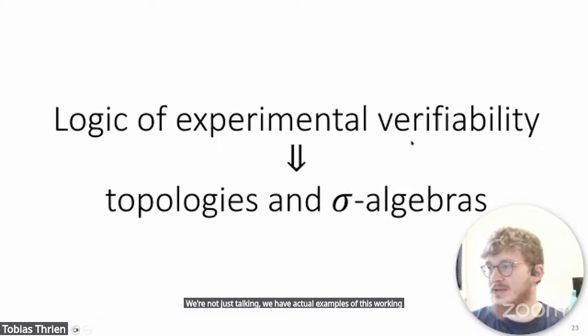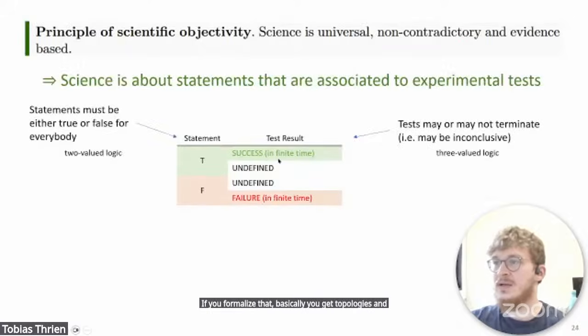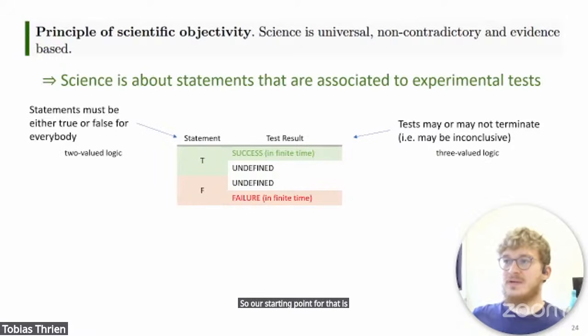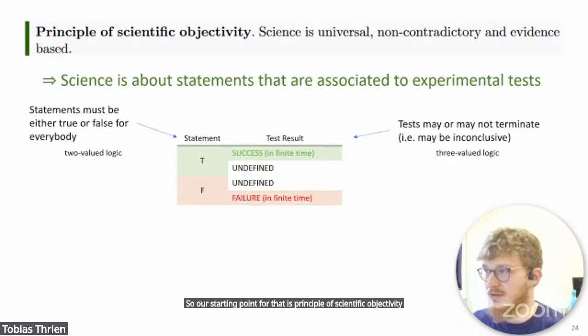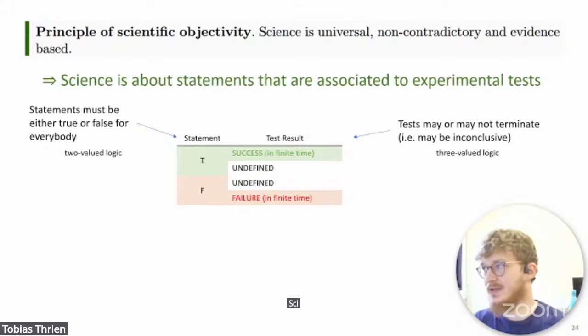So what I'm going to talk about is how the logic of experimental verifiability, if you formalize that, gives you topologies and sigma algebras. Our starting point for that is the principle of scientific objectivity. This is obviously something informal, but this is our starting point. So we say science is universal, it's non-contradictory, and it's evidence-based.